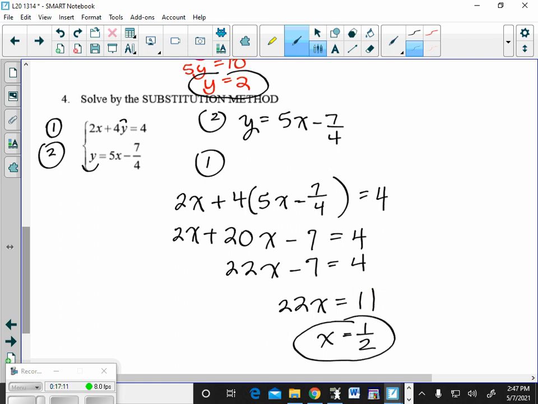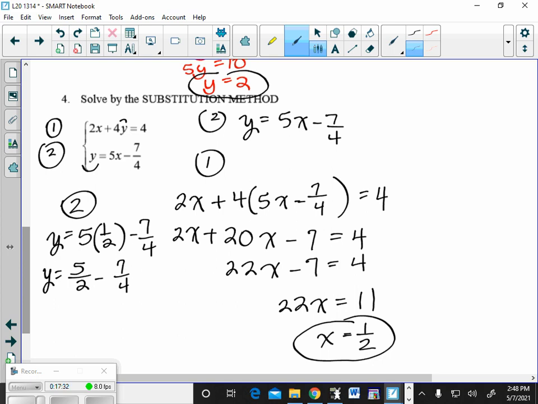So we're in good shape now. We're going to take x equal to 1/2, and notice equation 2 is already solved for y. So y equals 5 times our x, which is 1/2, minus 7/4. So y is equal to 5/2 minus 7/4. Now remember that 5/2 is 10/4.